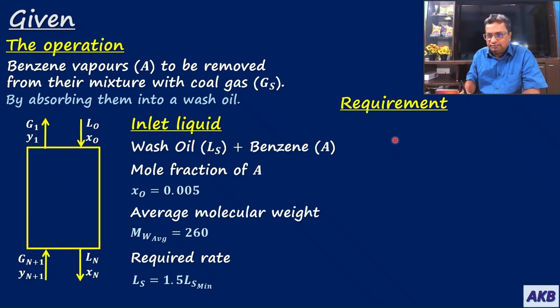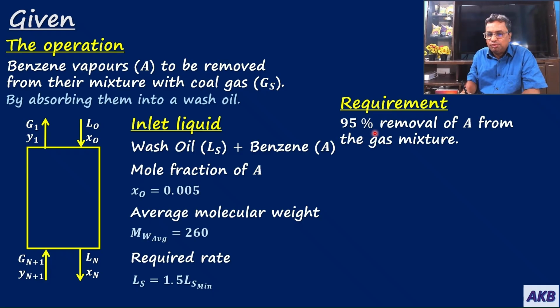Then in this operation, the requirement is that we need to remove 95% of E. So whatever E enters in the gas mixture at the bottom with this stream, 95% of it has to be removed.